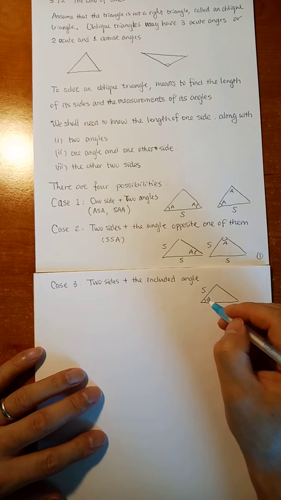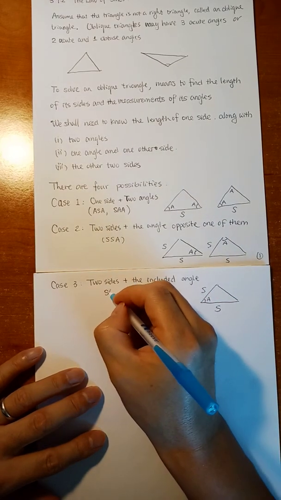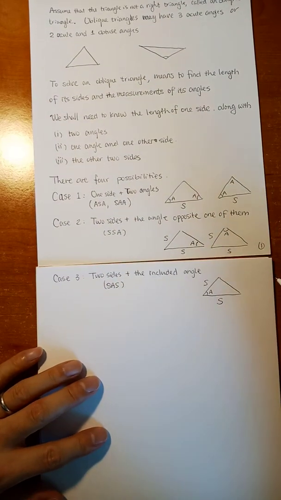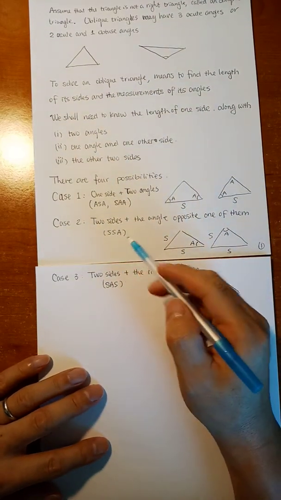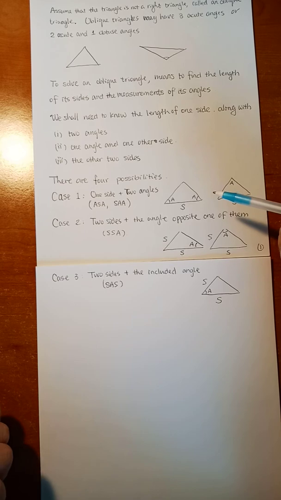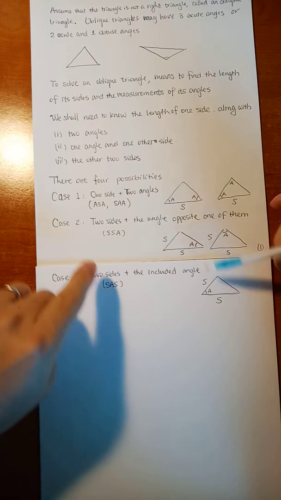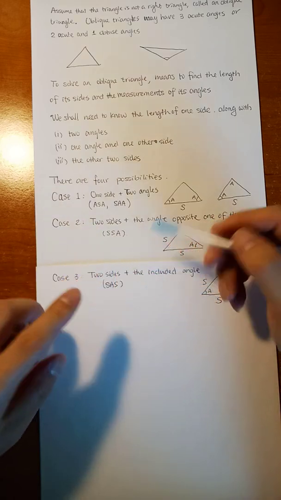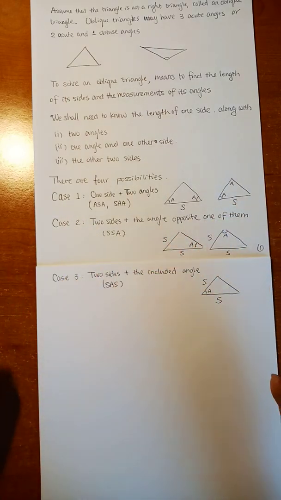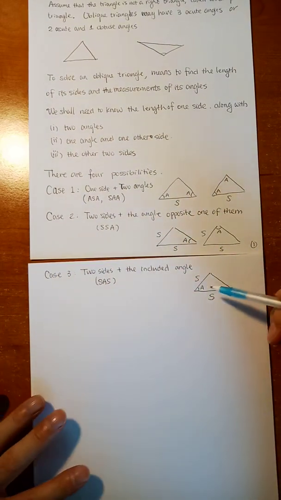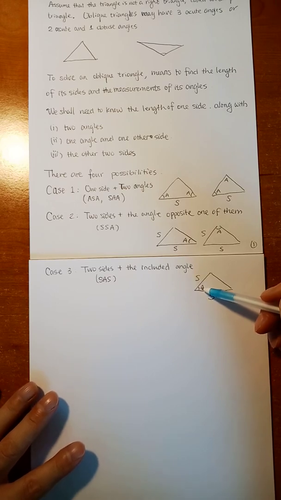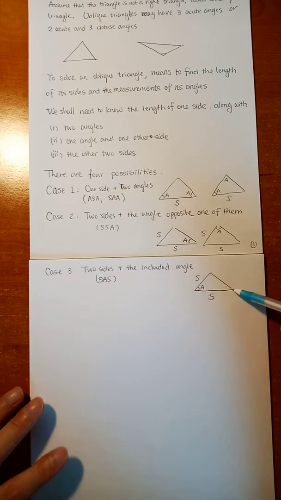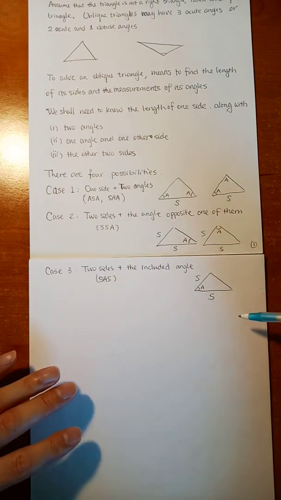This is SAS, side angle side. This is the other case of the second situation. The second situation only requires you to know two sides, but doesn't give you the relative position. So there are two possible ways: either this angle is formed by these two sides, or the angle is not formed by those two sides.